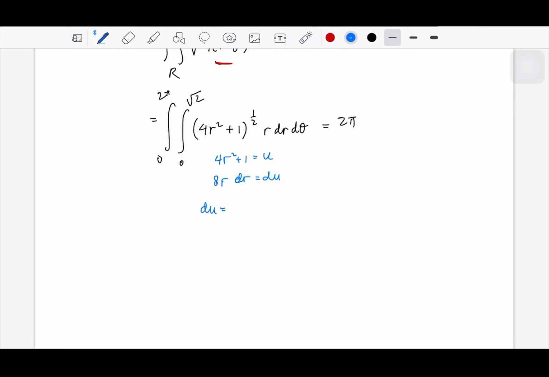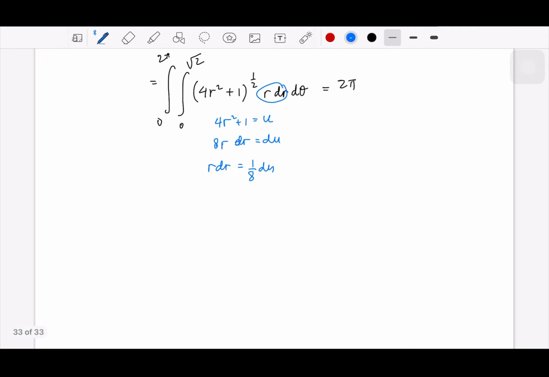So r dr is 1 over 8 du. So we could change this and write down square root of u, with 1 over 8 du.